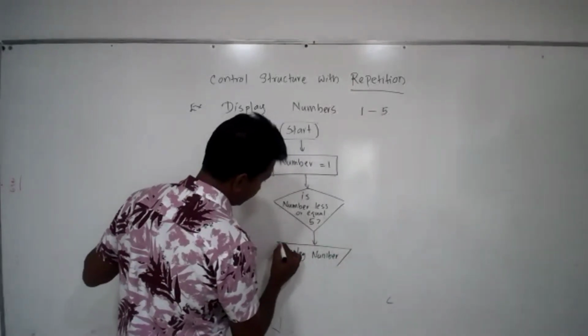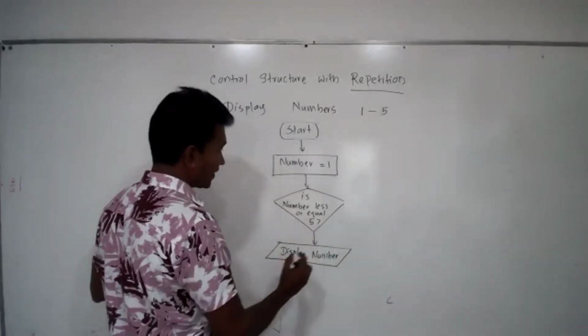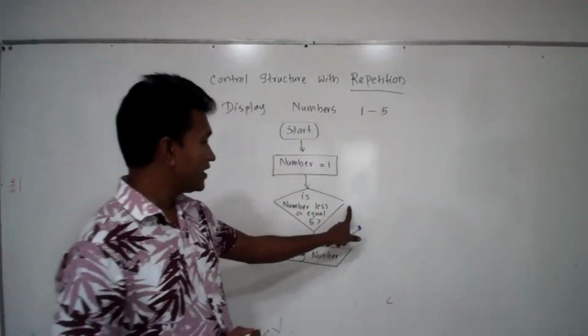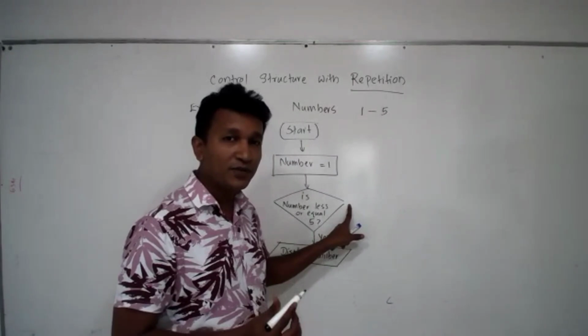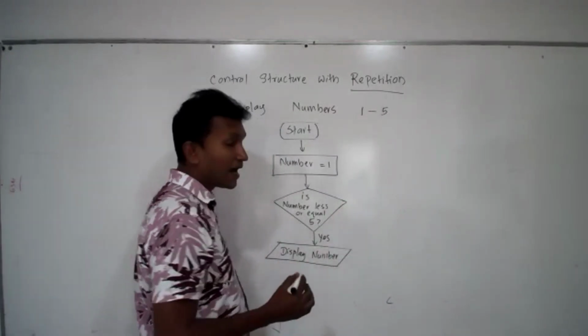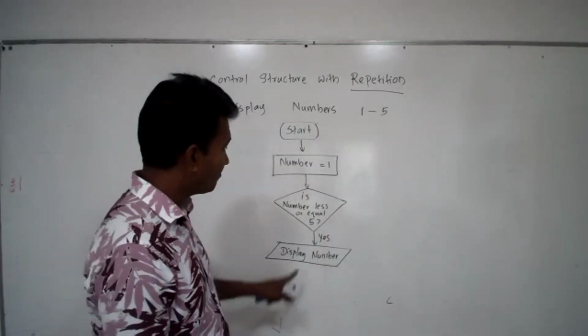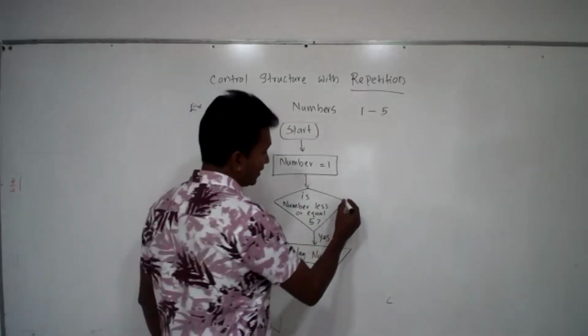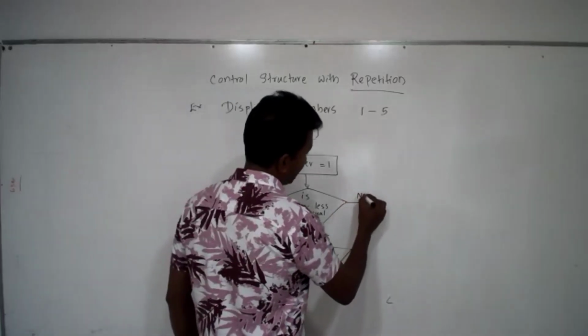Display number, if it is yes. If it is no, what do we do? No means the number is greater than 5. මේක no කියලා කියන්නේ is number less than or equal to 5 කියන්නේ 5 නෙමෙයි කියන්නේ we have to stop.